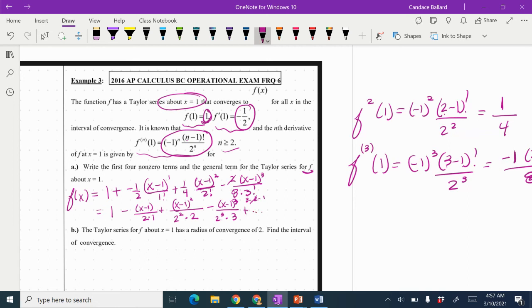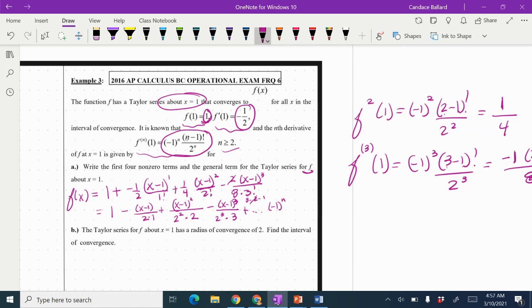So my general term would be the sum as n equals 0 to infinity. Actually, we don't have to write that part out. I'm looking at the answer key. We just have to write in general what this would be. I know if I'm getting alternating signs, I want to do negative 1 to the n.